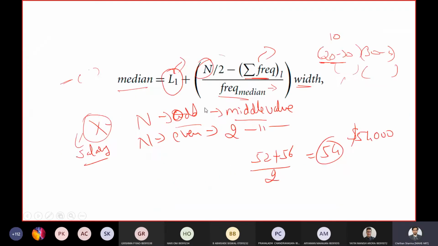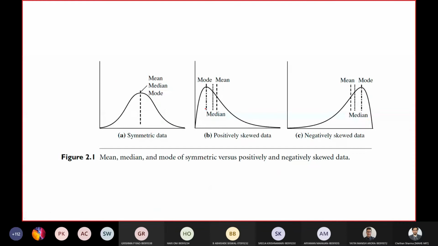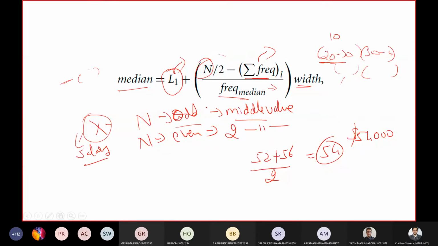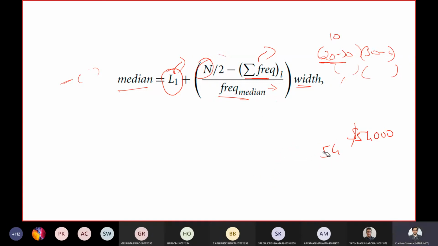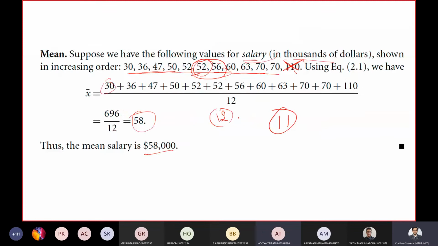So the next, mean is done, median is done. The next central tendency is mode. Any idea what mode is, or given this data set, what is the mode? How to find the mode of the data set? It is the value that occurs the most number of times.